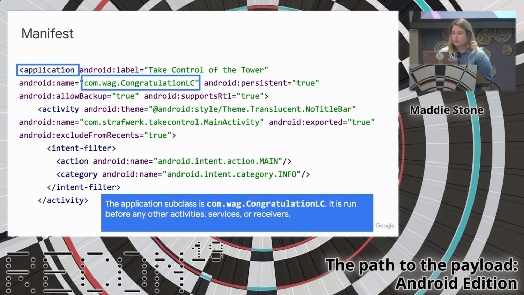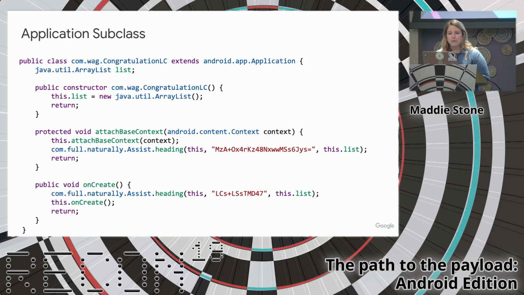What's interesting about an application subclass in Android is if it is defined, that is run prior to any receivers, activities, or services within your application. So yes, they have defined some activities, but those are benign, and they're not actually executed because this runs before them.